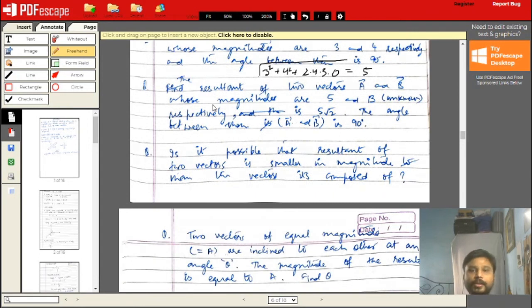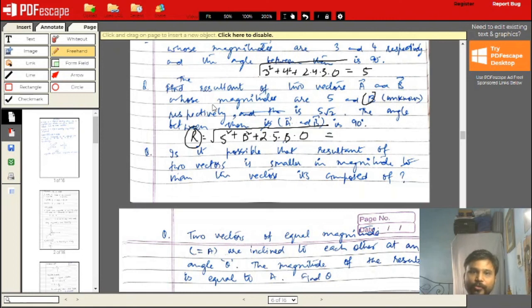Next question, the resultant of two vectors A and B whose magnitude are 5 and B is 5 root 2. The angle between them is 90. So we apply the formula R is equal to square root A square, that is 5 square, plus B square plus 2 into 5 into B into cos 90, which is 0.